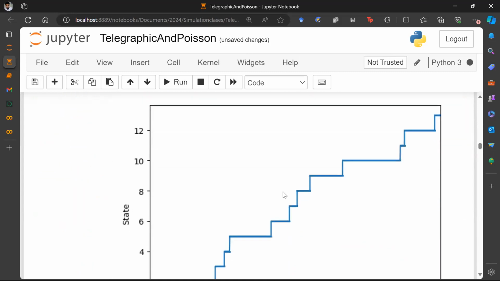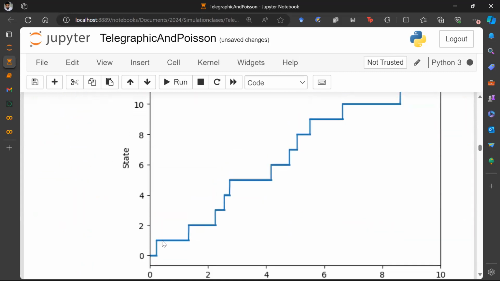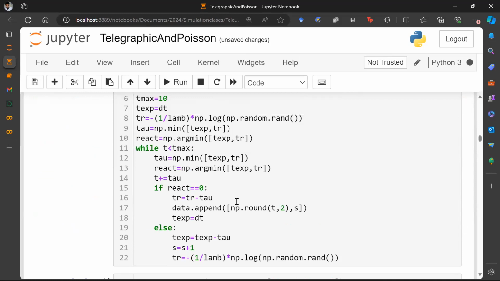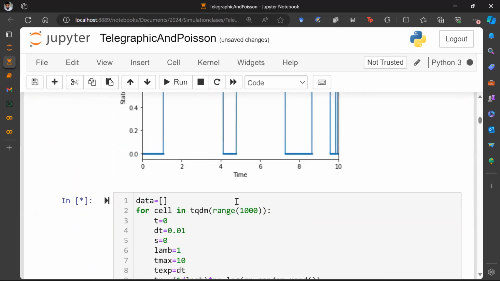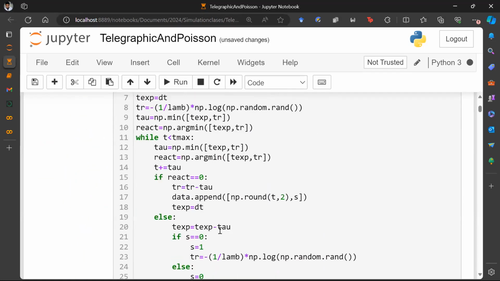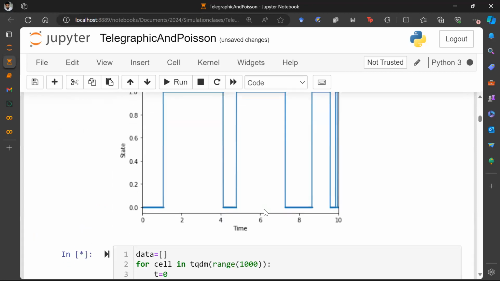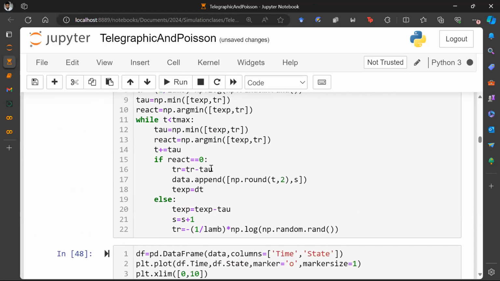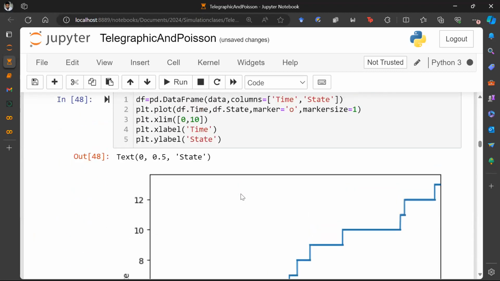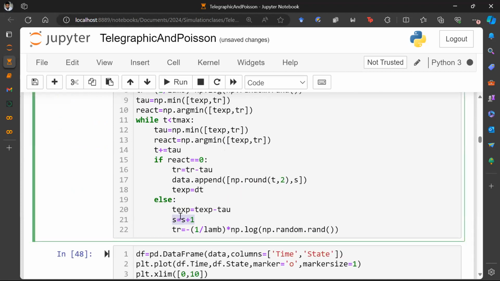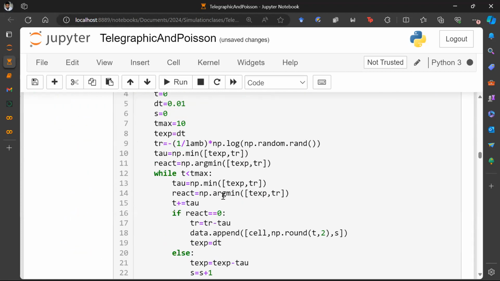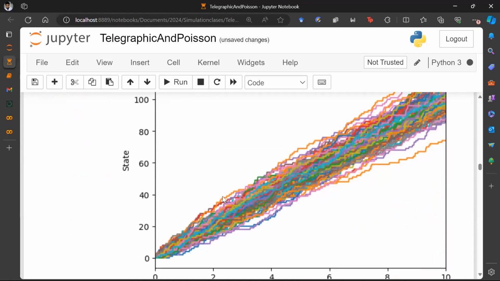So here is my expected mean time, maybe 30 seconds. For the next sessions, I wanted to show you that a Poisson process is essentially the same, but instead of switching the state, it just adds a new element, s equals s plus 1, and you have the same. You can go and check from your places.